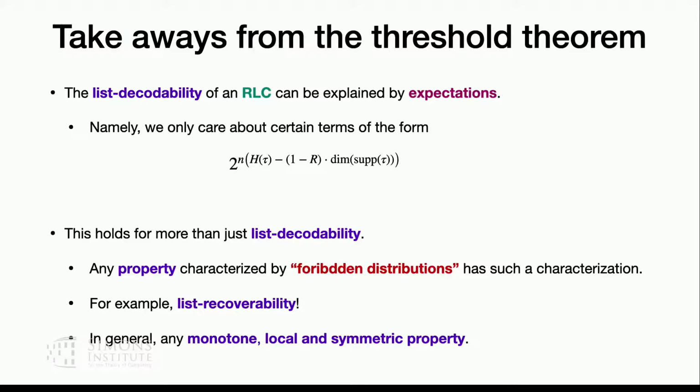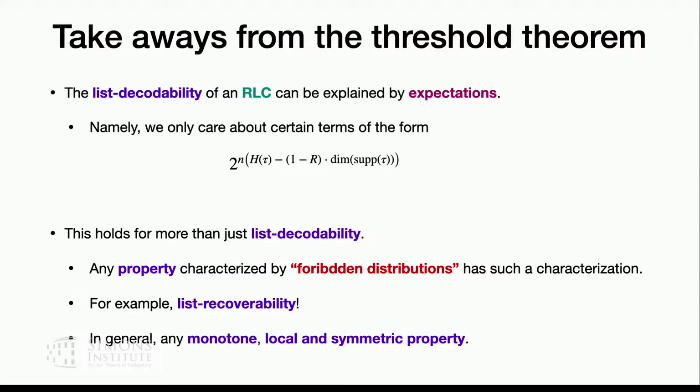So for example, list recoverability can also be characterized this way. And for this, we really need the version of the threshold theorem that works not for Q, but for larger Q. But again, this only takes us up to any constant Q, not for Q going to n. But for any constant Q, this still works. So we can, for example, characterize the list recoverability properties of random linear codes this way.